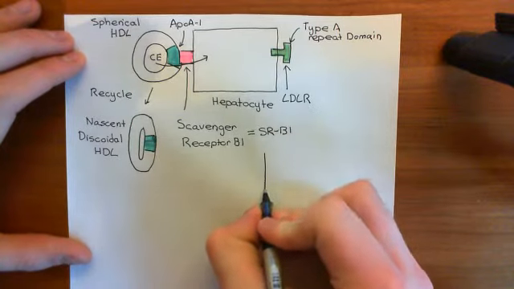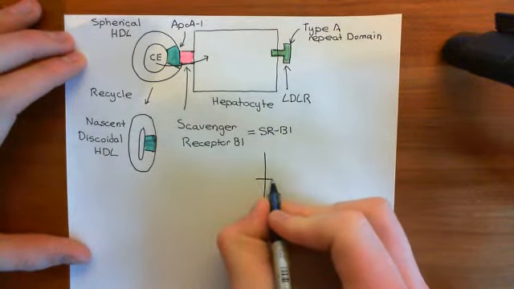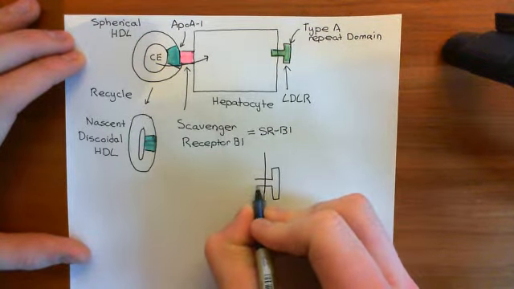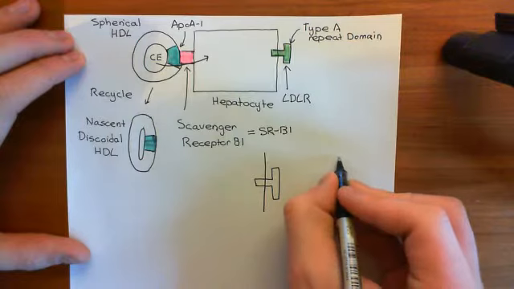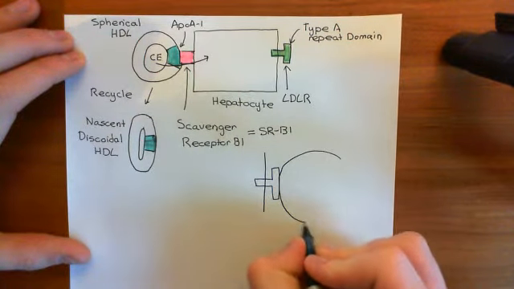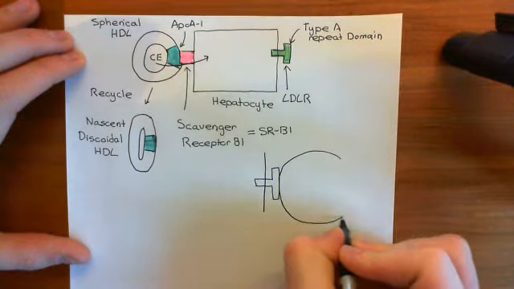So let's have our LDL receptor redrawn out here with this type A repeat domain shown here. And what's now going to happen is an LDL particle is going to come along, and remember, these things too are going to be stuffed full of cholesterol esters. Okay, so here is our LDL particle, like so.